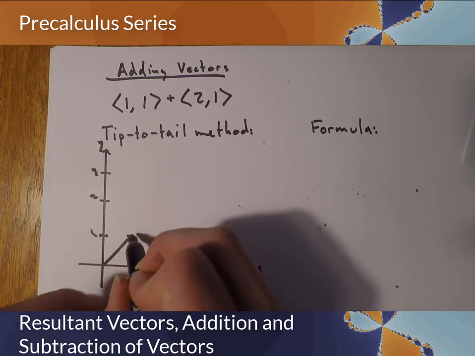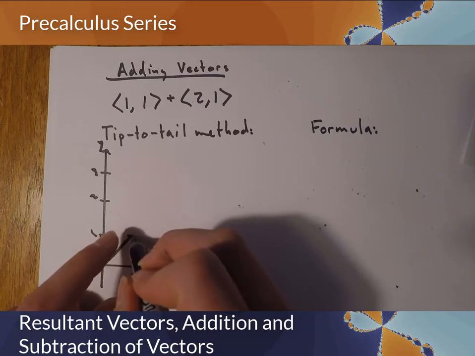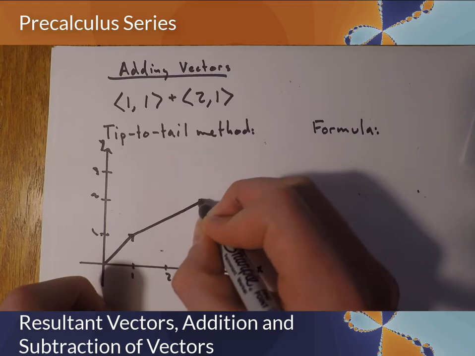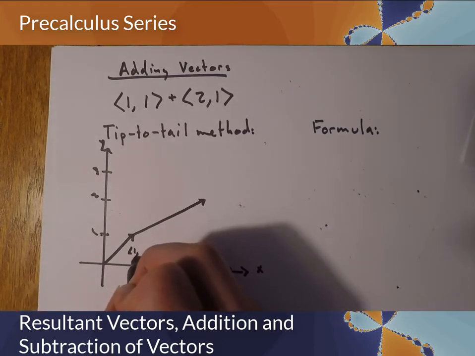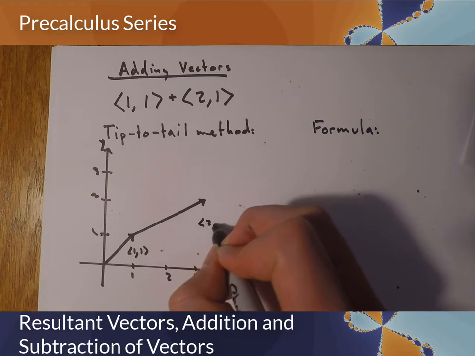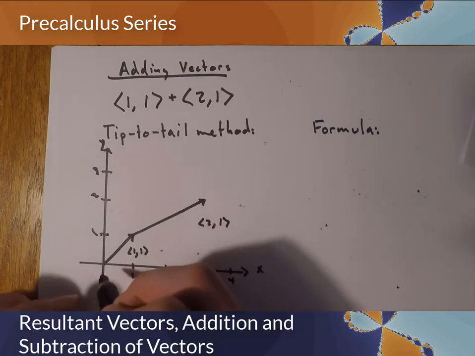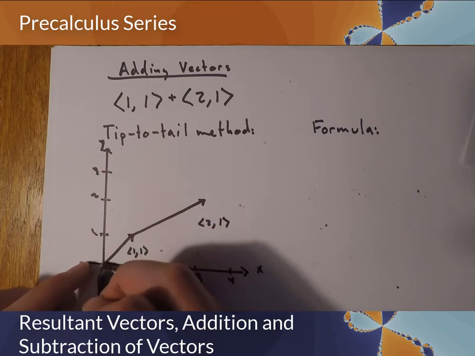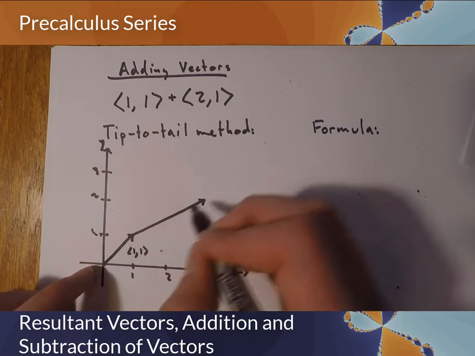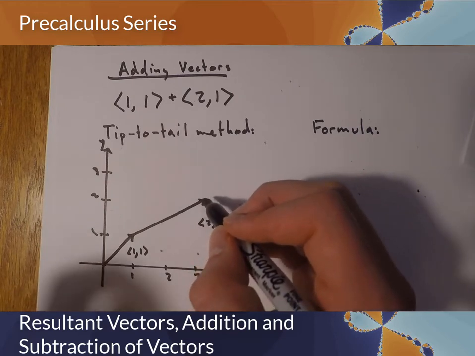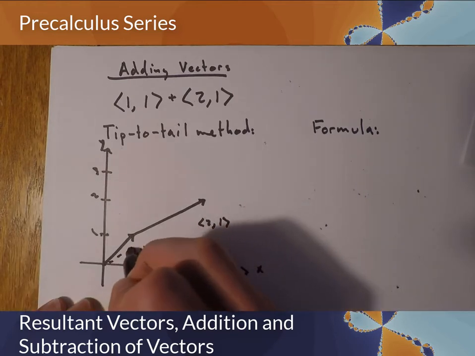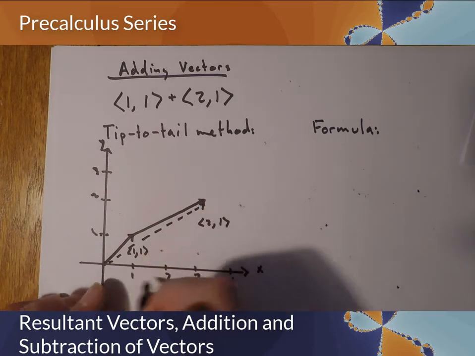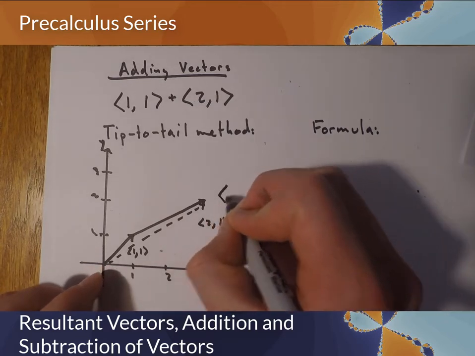So here's my tail end at the beginning, and I move over 2 and up 1, like that. So here's my vector 1, 1, and here's my vector 2, 1. Then you take the starting point of the first vector and the ending point of the last vector that you've attached tip to tail, and that, geometrically, is your resultant vector. So your resultant vector in this case is 3, 2.